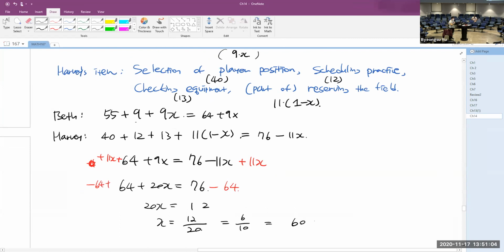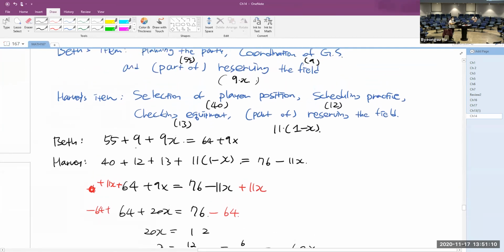So in percent, it is 60%, right? So the reserving period is 60% belongs to Bass, and this 40% belongs to Harvey, right?